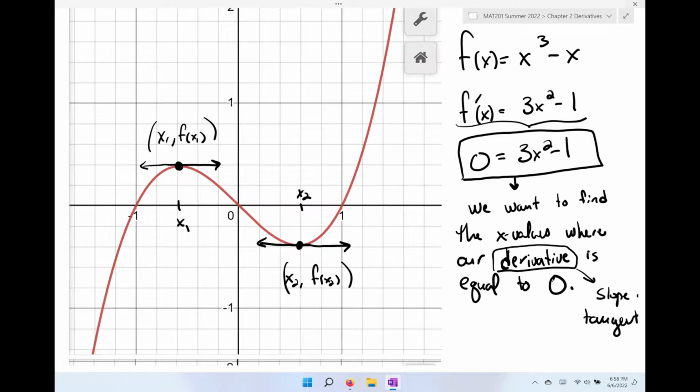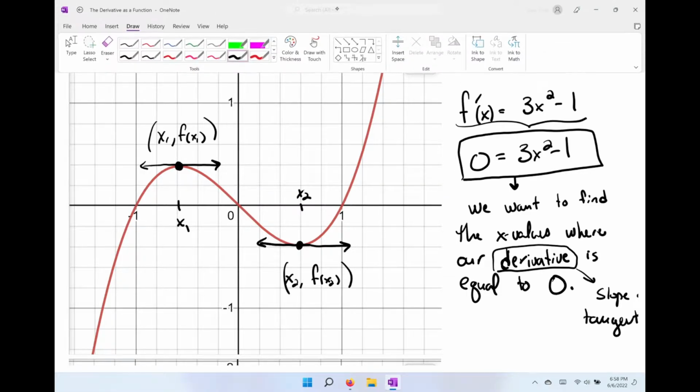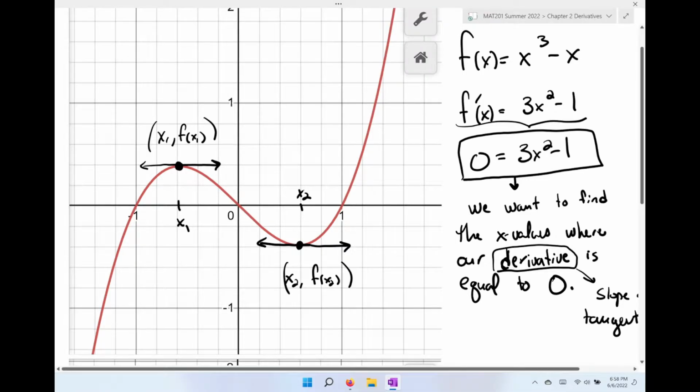Now, let's look at the interval prior to x1. I'm just going to lightly draw a dashed line right up here. So this is the interval from negative infinity all the way up to -1.